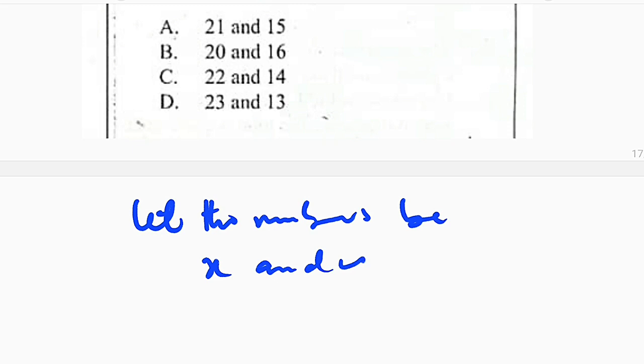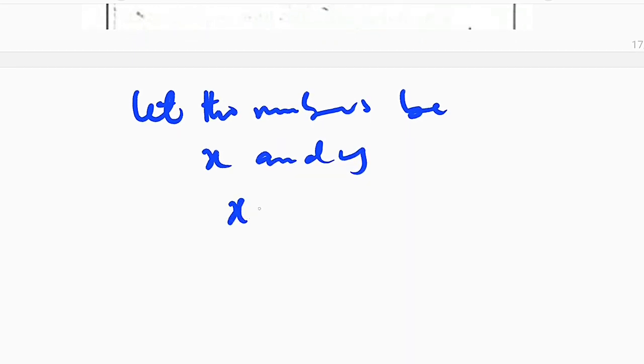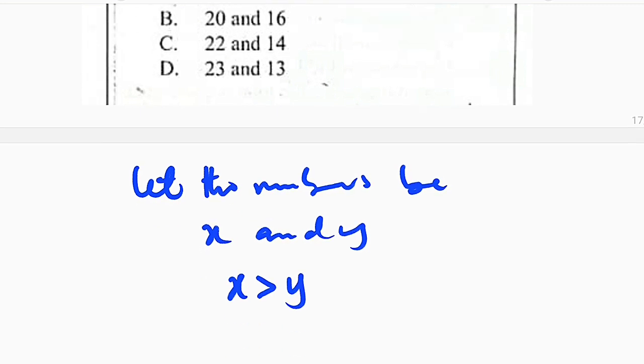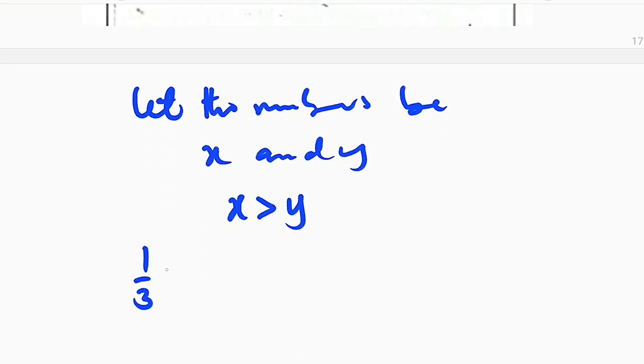So I would like to declare the numbers with X and Y. So let the numbers be X and Y. And because one number is greater than the other, I would like to let X be greater than Y. So the first statement stated that 1/3 of their sum, X plus Y, is equal to 12.